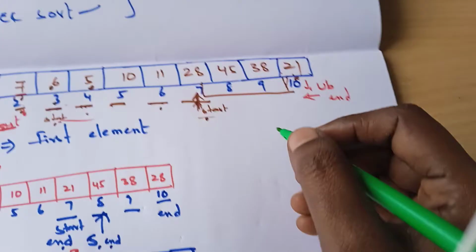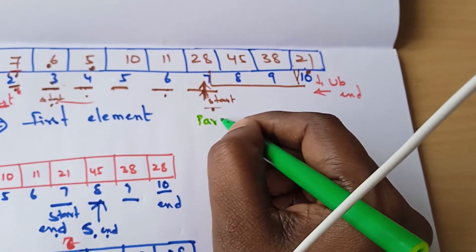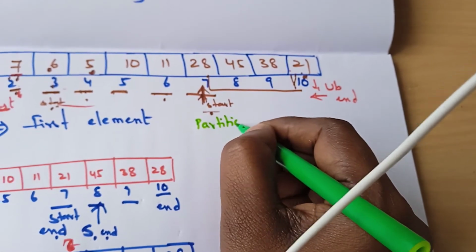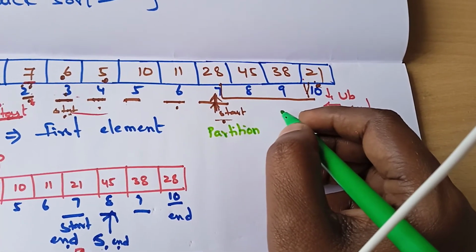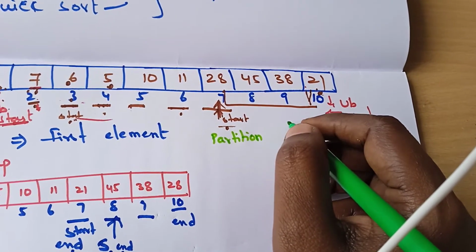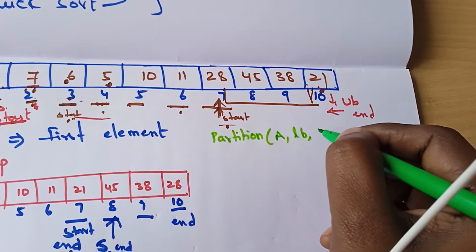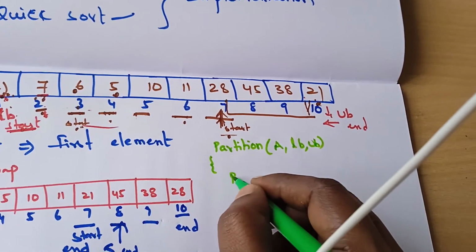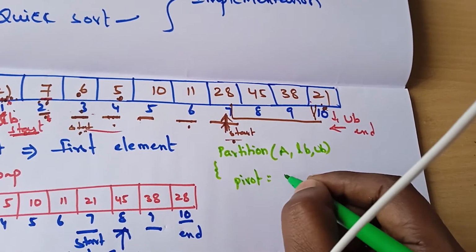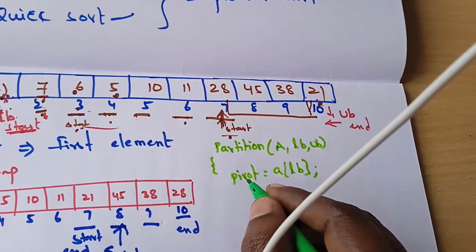now I am writing the partition algorithm. Partition array, lower bound, upper bound. Now my pivot element is at the lower bound. A is my array.